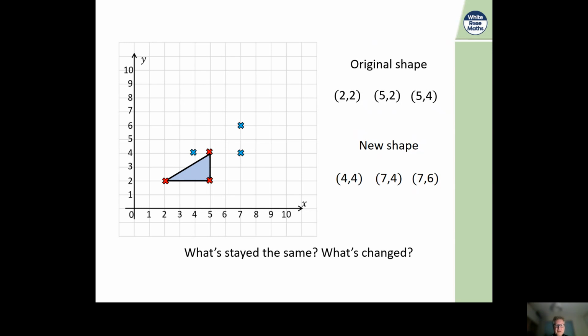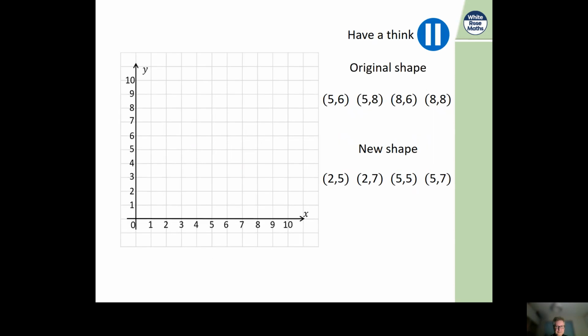What's changed about the position? So have a think. So this time you're going to need to plot the original shape and the new shape, and then have a think about describing the translation.